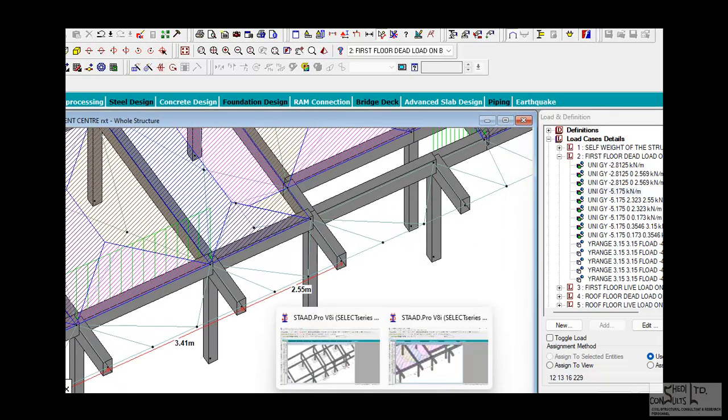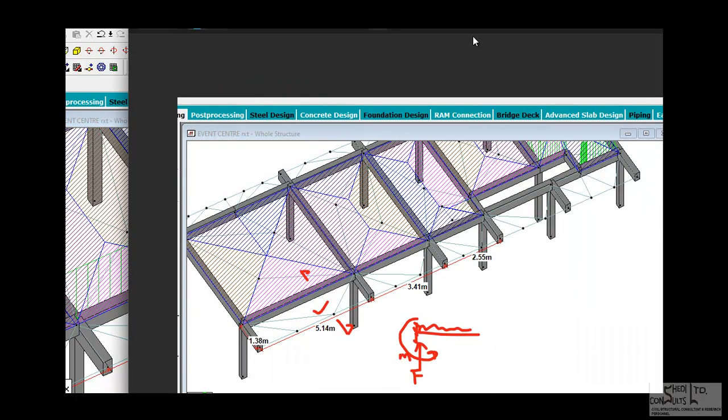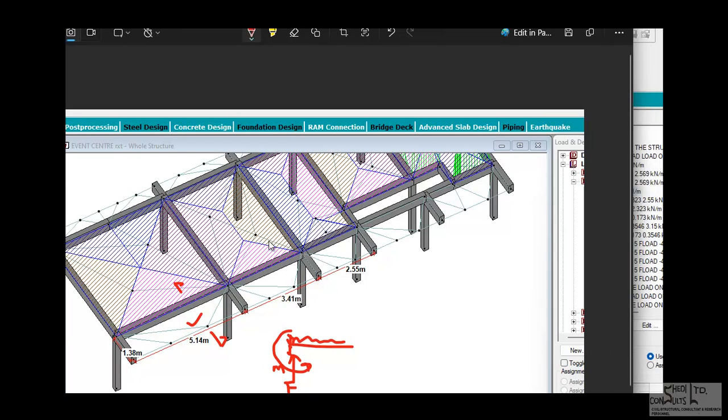Now, because this slab panel is a two-way slab panel, the loading on the beam is not going to be the same as the loading on the beams for this other slab panel. It has to follow the yield line theory to derive the loads on the beam. So because we have talked about the yield line, this is how the yield lines will form for this slab.